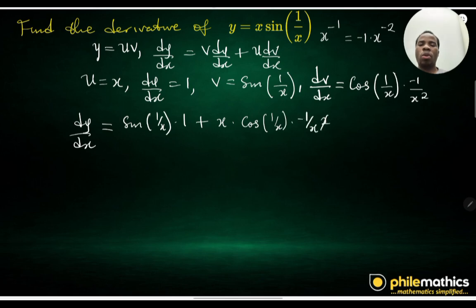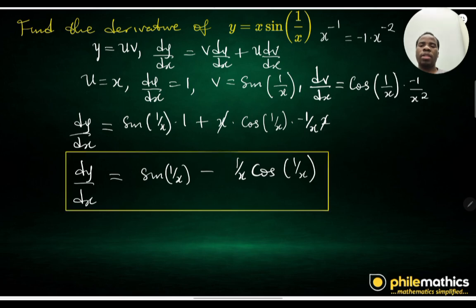One of these x's will cancel with the x squared, and what we'll have is dy/dx is left with sine 1 over x minus 1 over x cos 1 over x. This is our final answer.